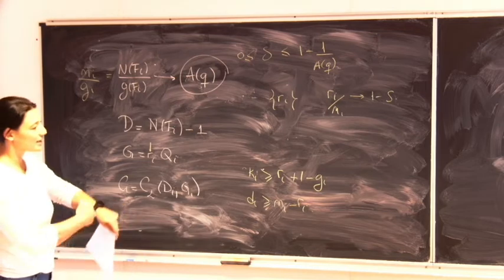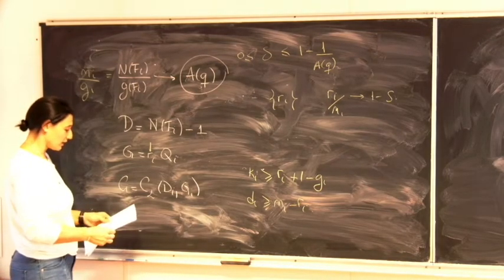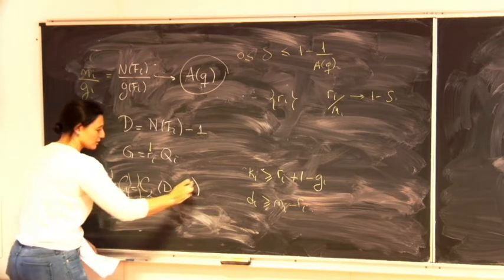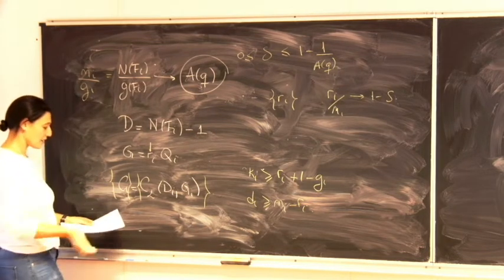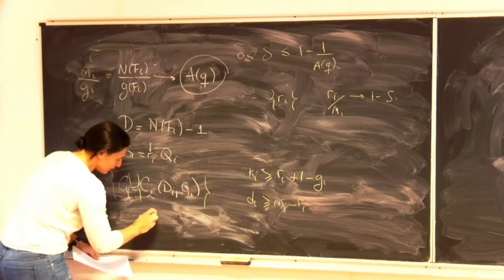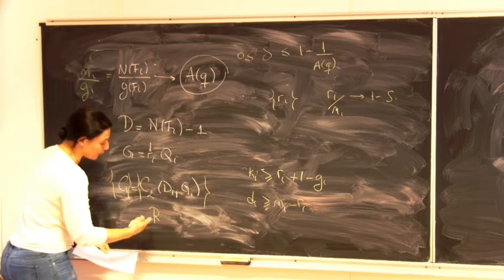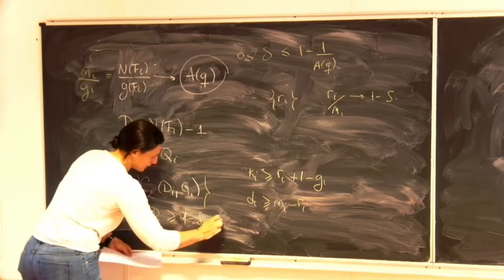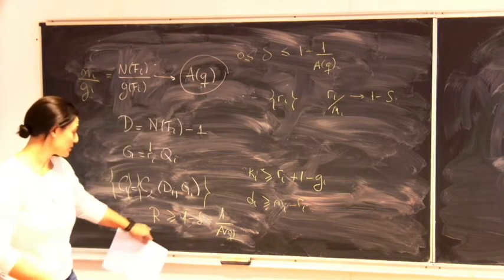And using this, you get exactly what you want: when I see the relative parameters of this sequence, I get that the sequences of information rates are greater or equal than 1 minus delta minus 1 over A of Q. And this is what I wanted.